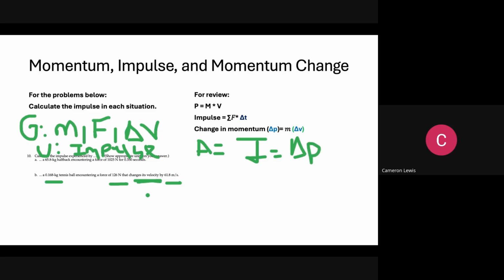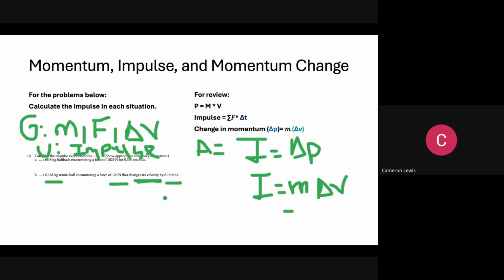Those are equal, right? So when we break those down, the impulse is also equal to the change in momentum, which is mass times the change in velocity. So do we have a mass? Yeah. Do we have a change in velocity? Yeah.